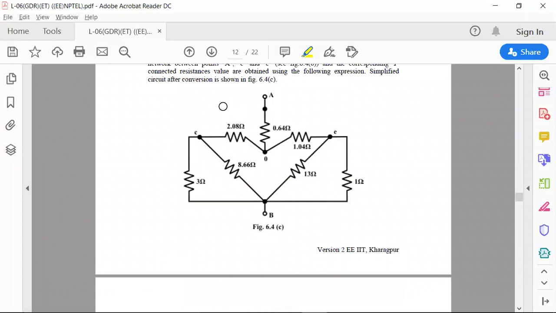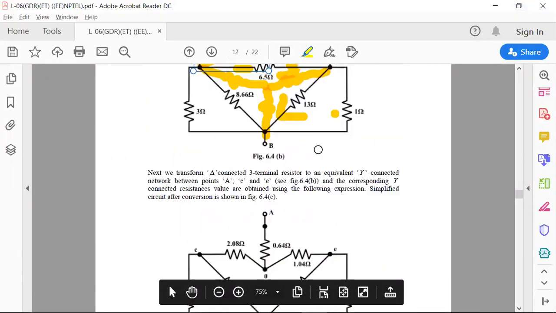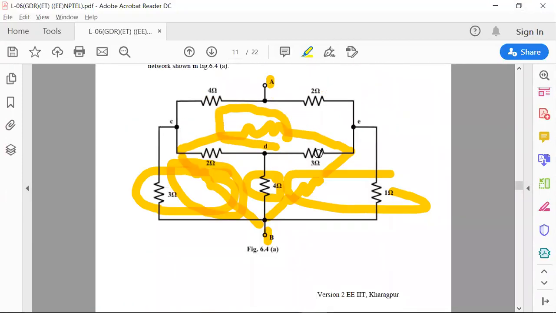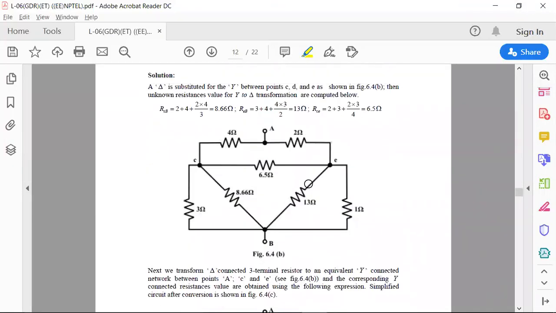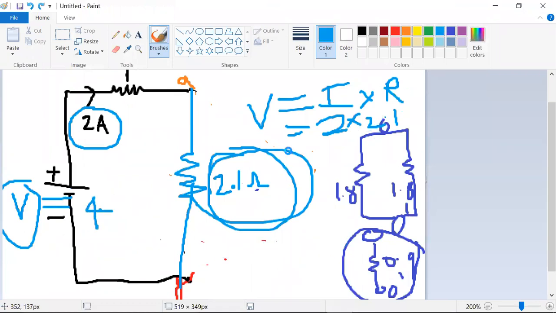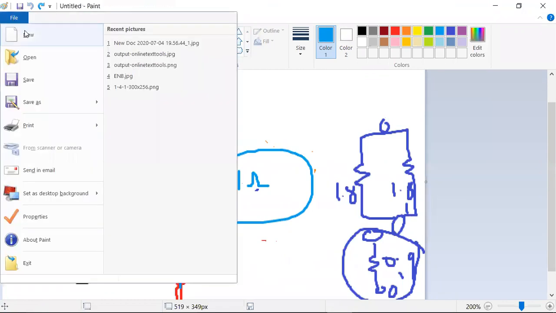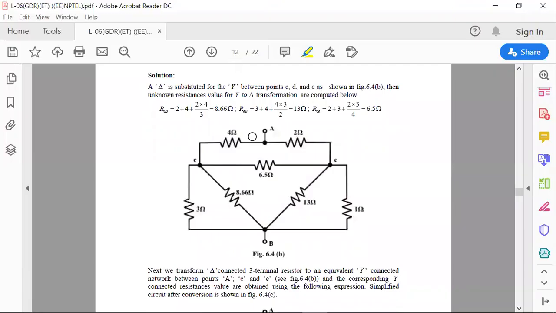Let me move to the paint software, then it will be better for us to write this equation very clearly. Already you know this circuit, right?